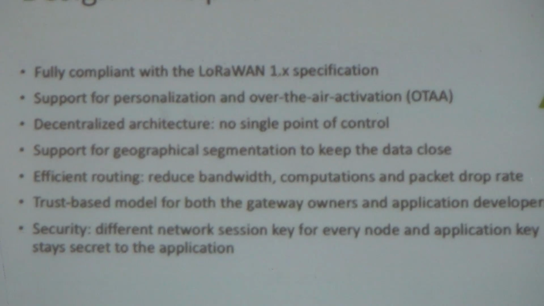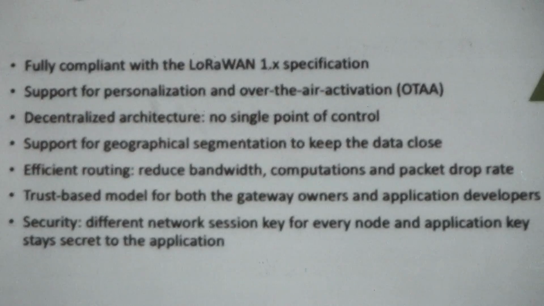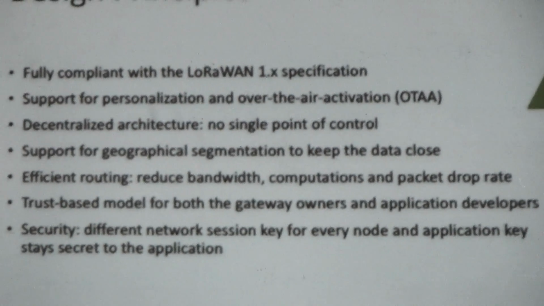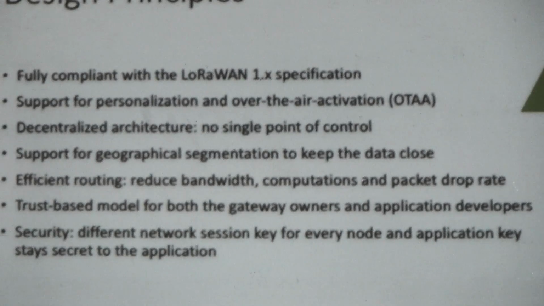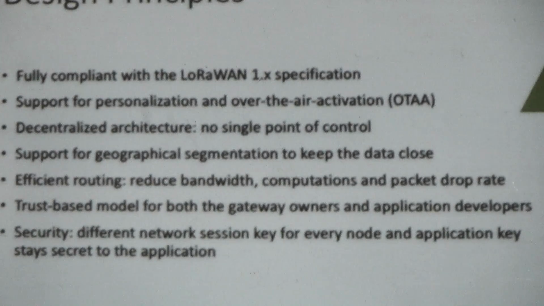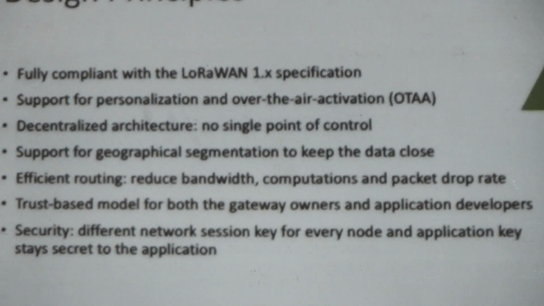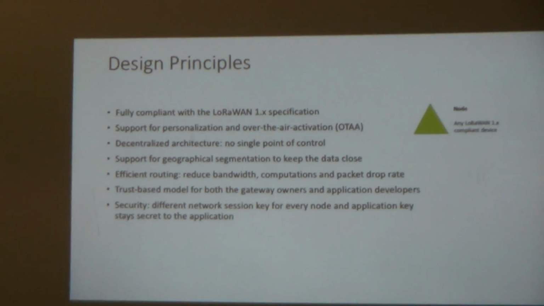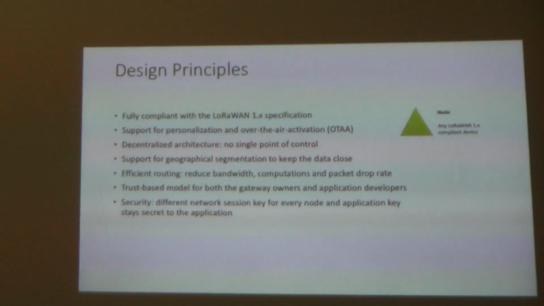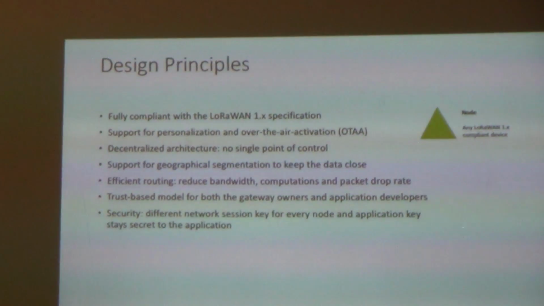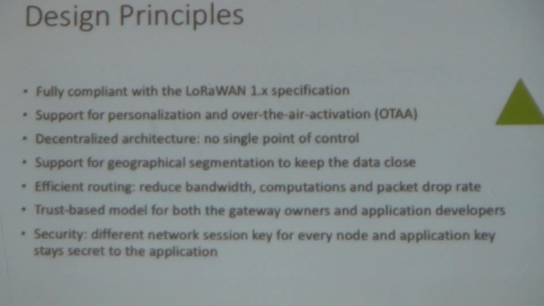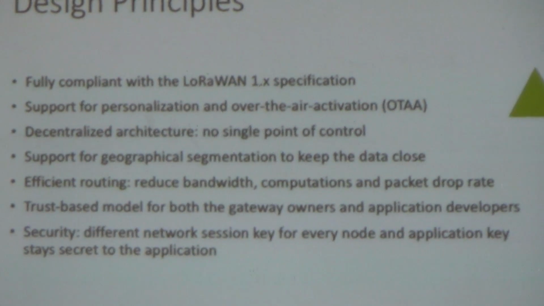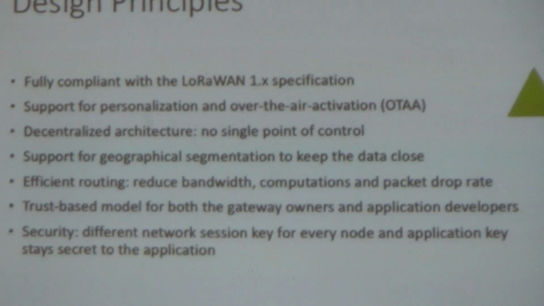So we came up with a decentralized architecture. We are supporting geographical segmentation, not only to introduce scaling and decentralization, but also to keep the data as close to the nodes and/or to the application as possible. And we want to do the routing as efficiently as possible, by reducing bandwidth, computations, and the packet drop rate.